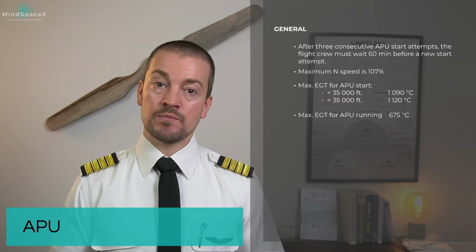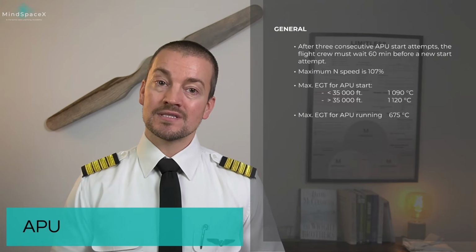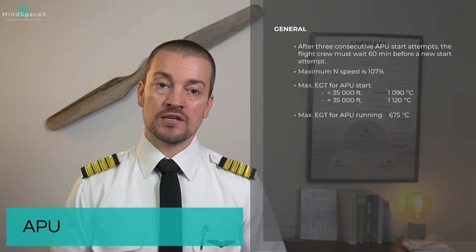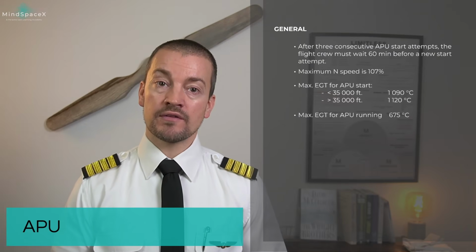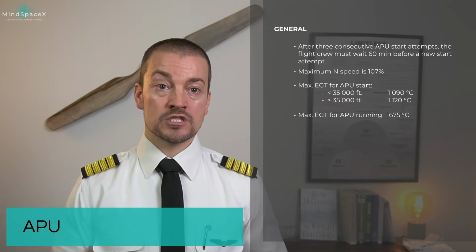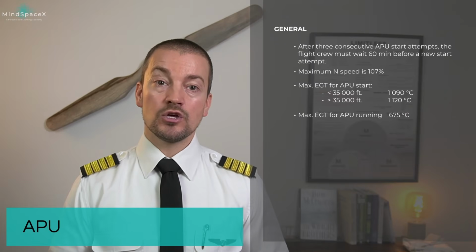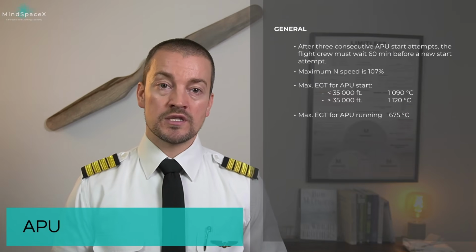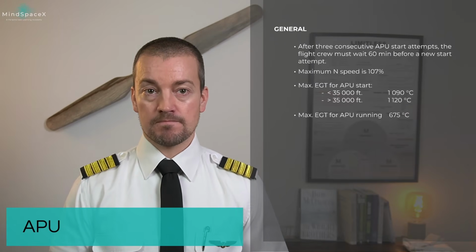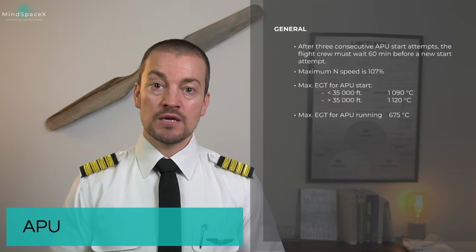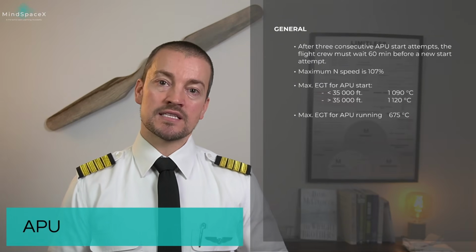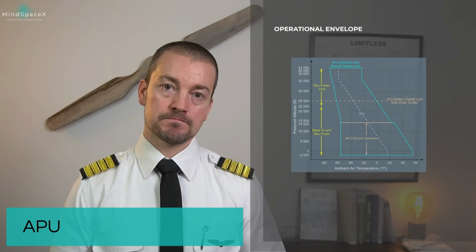Maximum EGT for APU start is 1090 degrees Celsius if the altitude is below 35,000 feet, and if the altitude is above 35,000 feet, you're limited to 1120 degrees Celsius. Maximum EGT for APU running is 675 degrees Celsius.